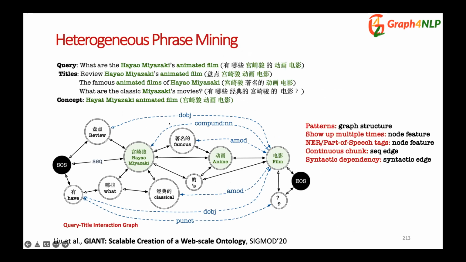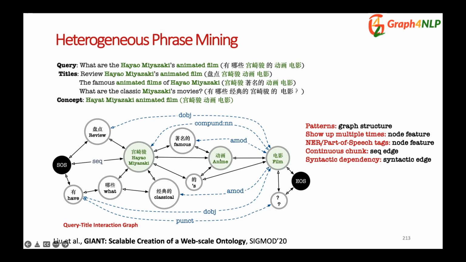So the key problem is, let's say you have several short queries and news articles, let's say the news article titles. How can you extract a phrase from this cluster of short text? So basically what we did is transform it into a query title interaction graph where each node represents a unique word that exists in one of the queries or titles.